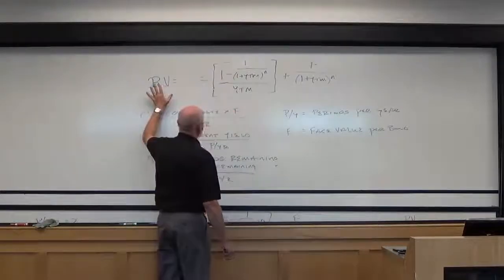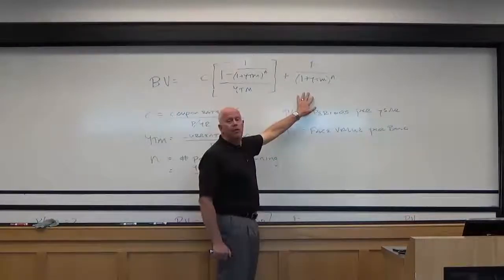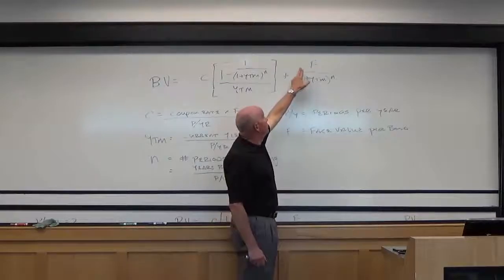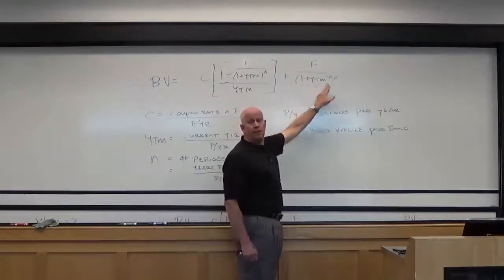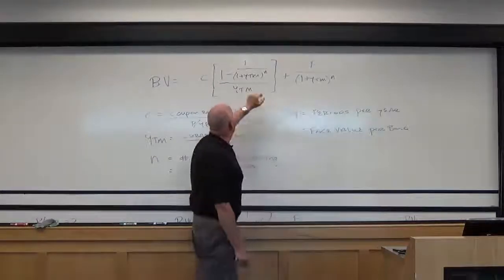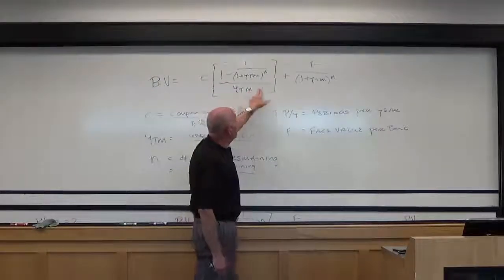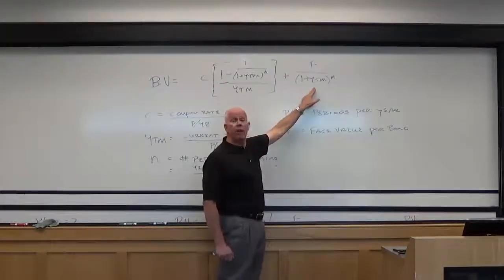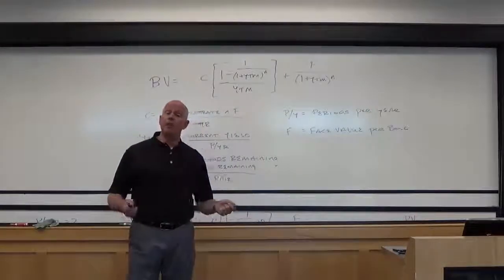To the stream of income present value, we're adding some value that we're getting in the future when the bond is matured, which is F, or face value, divided by 1 plus YTM to the N. And this N and this N are the same N's. This YTM and this YTM are the same YTMs, which are the current yield divided by the periods per year.